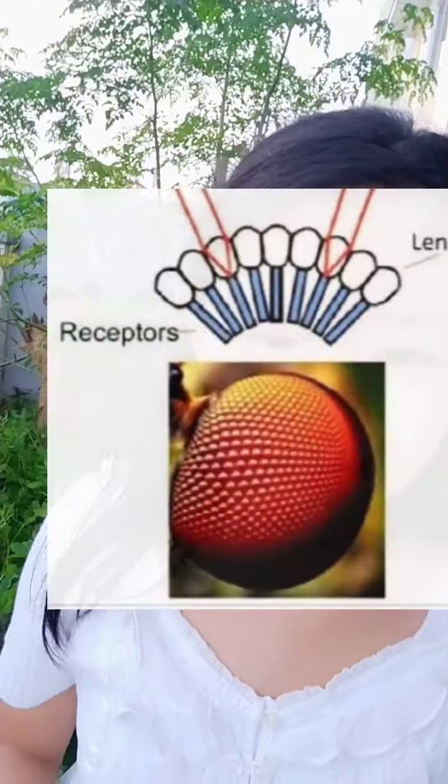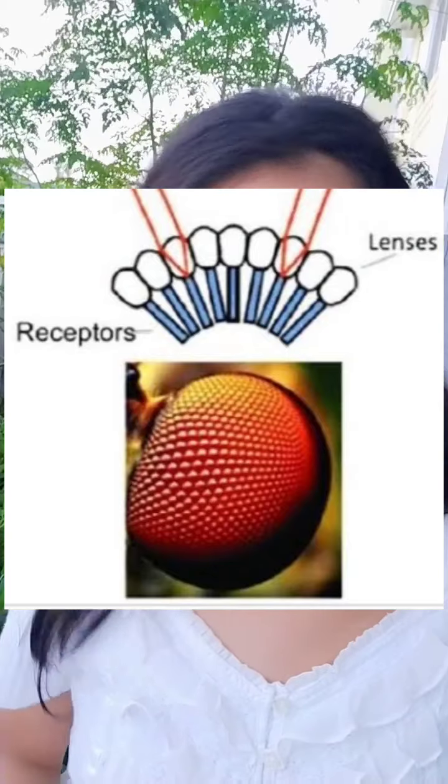We only have one lens in our eyes, which lets the light pass through, and also lets us know the distance, whether the things we are seeing are close like this or far away. Insects have multiple lenses, maybe hundreds or thousands, and it helps them sense motion much better than distance.